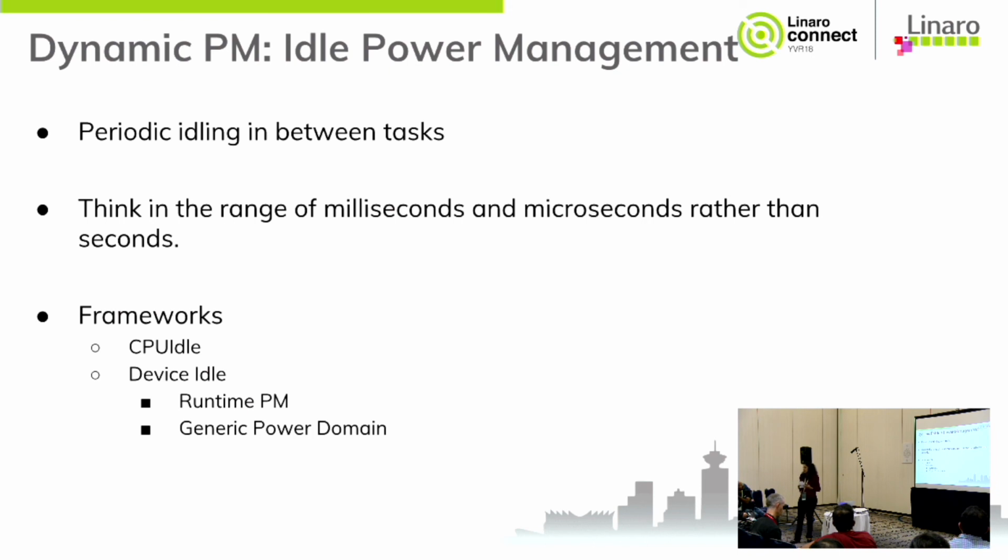What do you do with devices at this point? What do you do with the CPU when the idle time is really, really small? For the frameworks, there is CPUIdle to idle CPUs, and for device idle, there are a couple of new frameworks: Runtime PM and the generic power domain framework. They have been there for a few years now, but are relatively new in the Linux kernel.